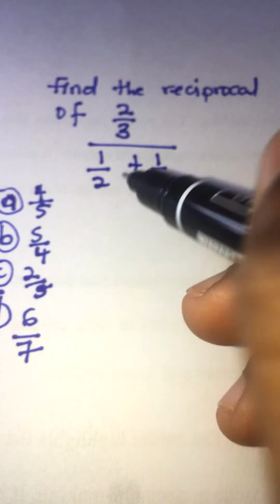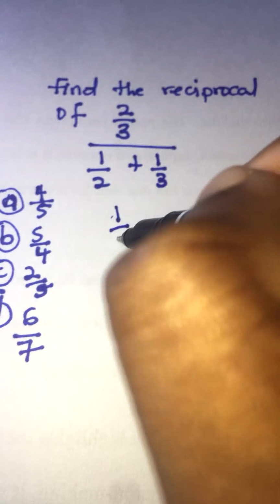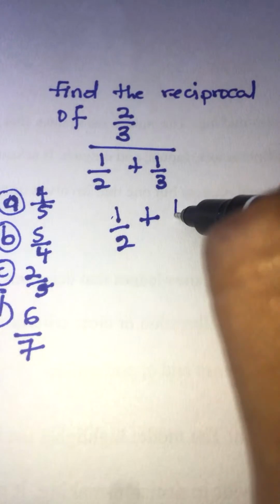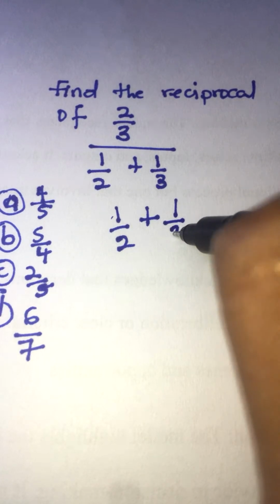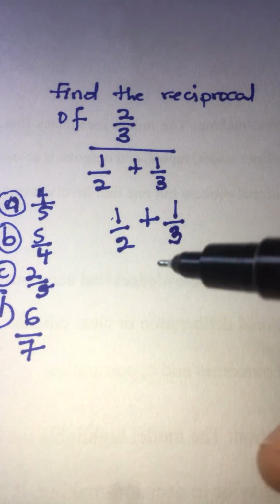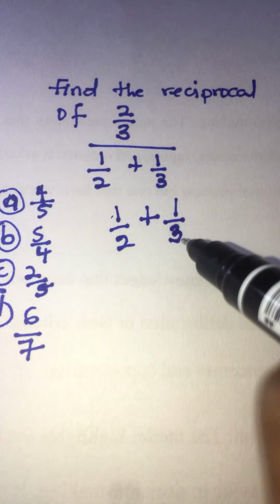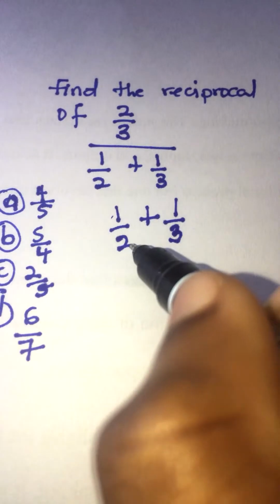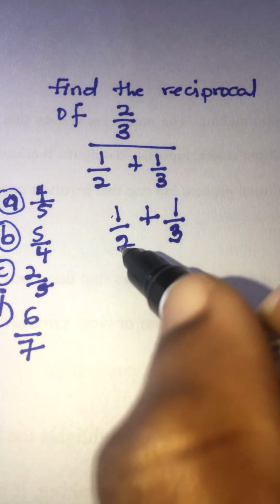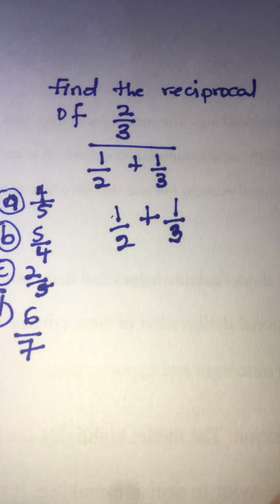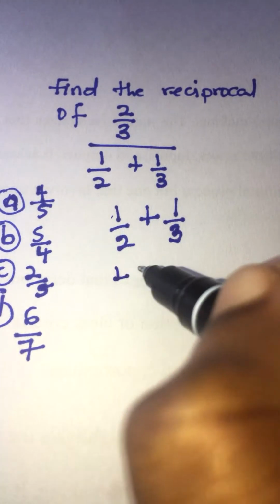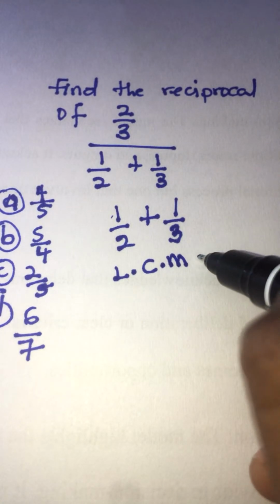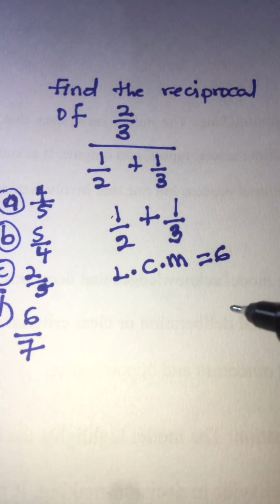So half plus 1/3. Normally we find the LCM of the denominators, the 2 and the 3. The LCM, least common multiple, is 6.